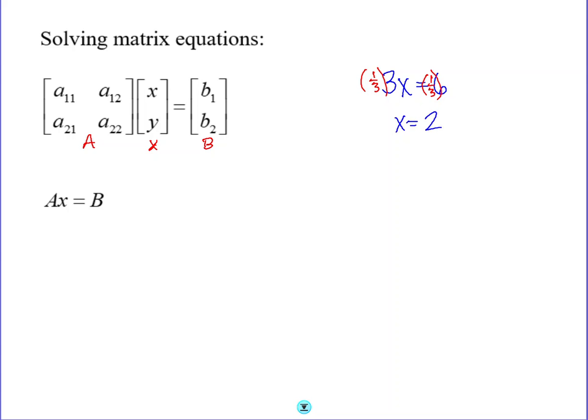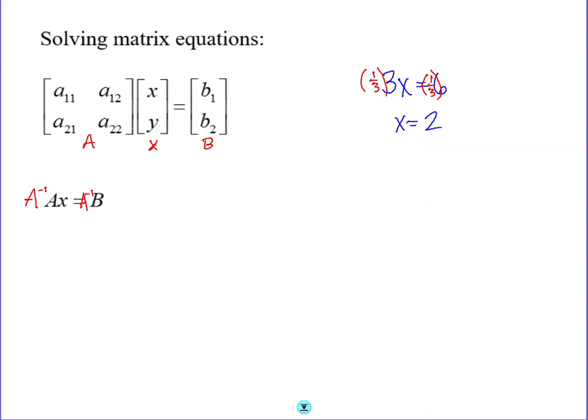But the important thing to remember about matrix multiplication is that in general it is not commutative. A times B is not necessarily the same as B times A. So when we go to solve this matrix equation, A times x equals B, we are going to multiply by A inverse on the left.